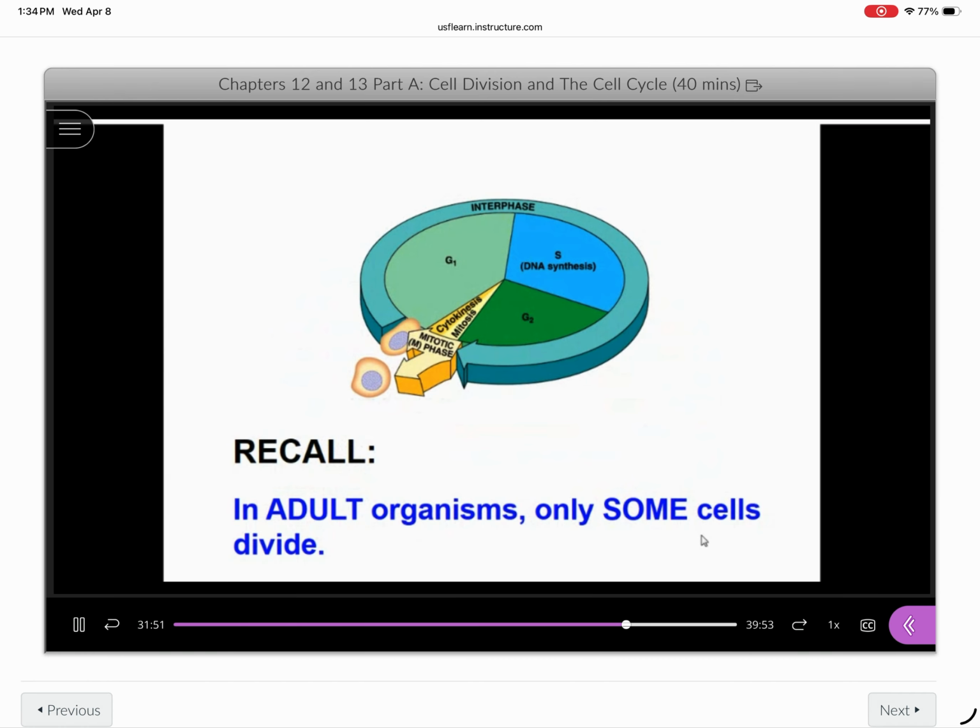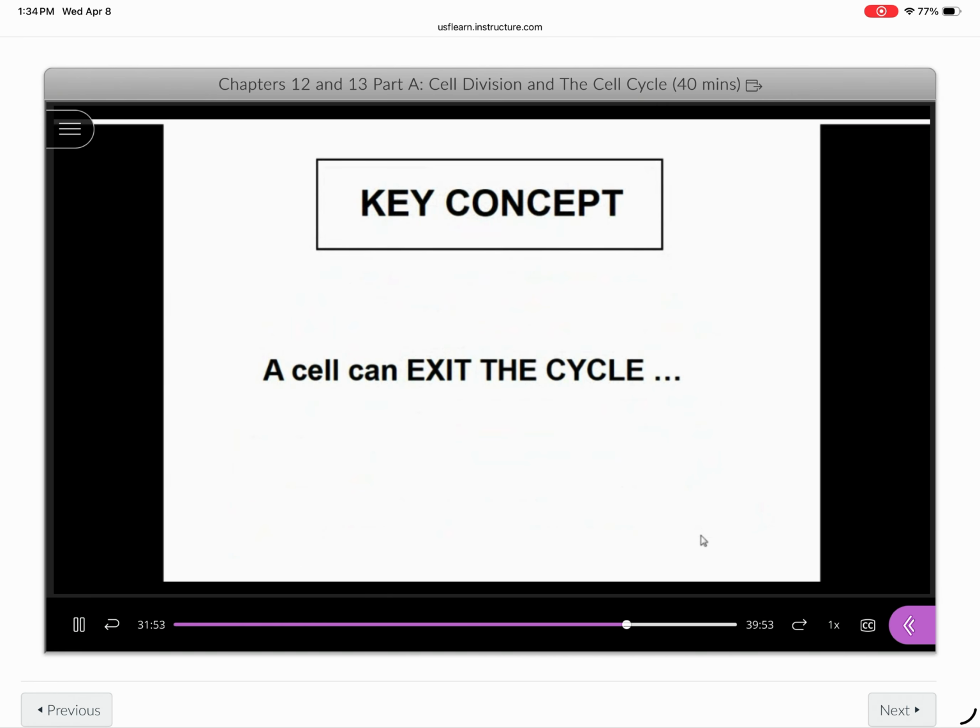We said this earlier, which implies that a cell can stop dividing. It can leave the cycle and stop dividing. And at this point, it's in what we might call a non-dividing state. We need a better name than that. Let's call it G0 phase, a non-dividing state.